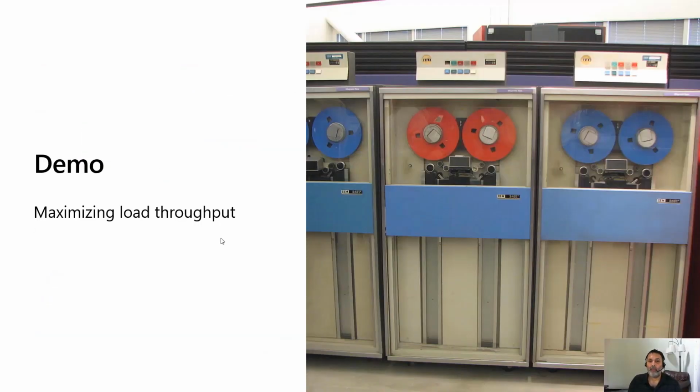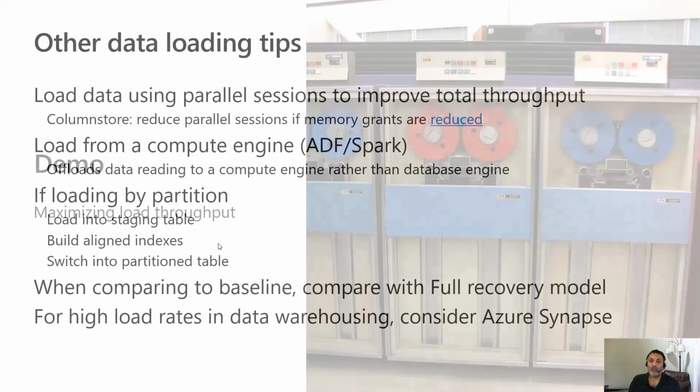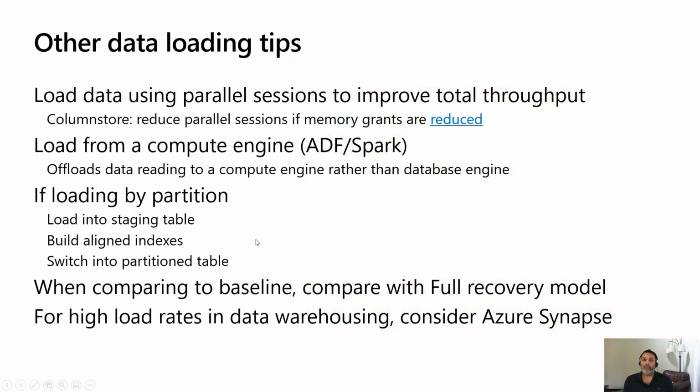With this, we will wrap up our session. A few other data loading tips, as we talked about in parallel sessions. Column store does require memory grants, in particular if you're going into compressed row groups directly. So reduce parallel sessions if you're reaching a point where you have memory grant contention.